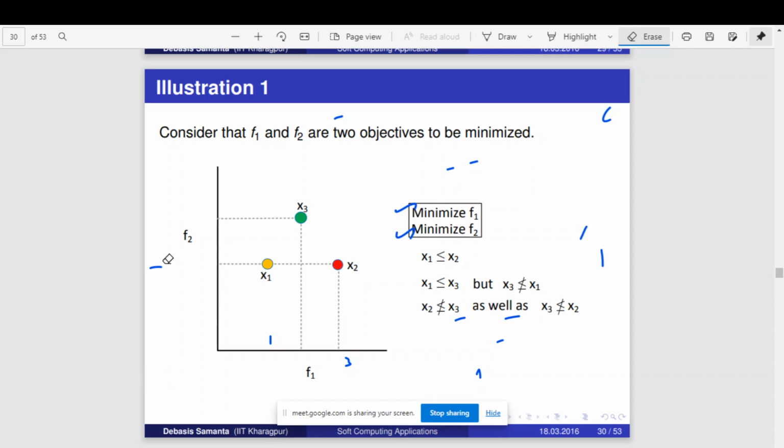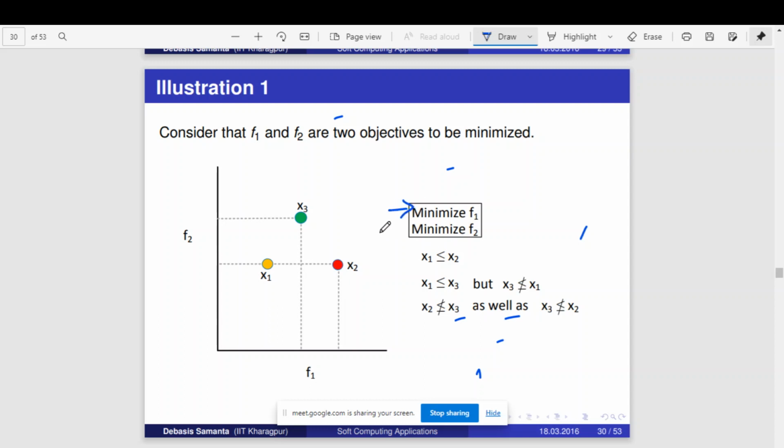No. See, how will you say that x2 is dominating x1? What is the first condition? Now, see, we are discussing only minimization. Our objective is to what?